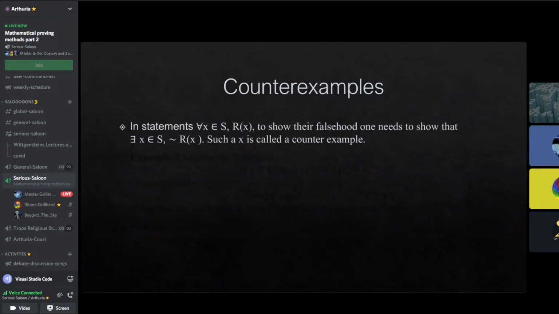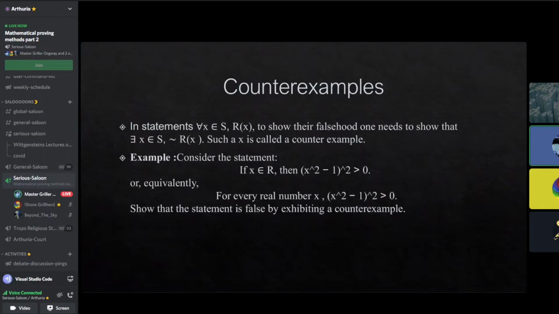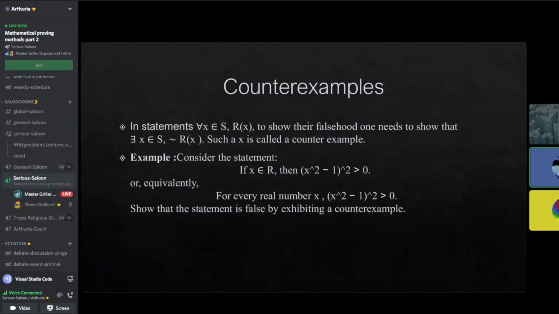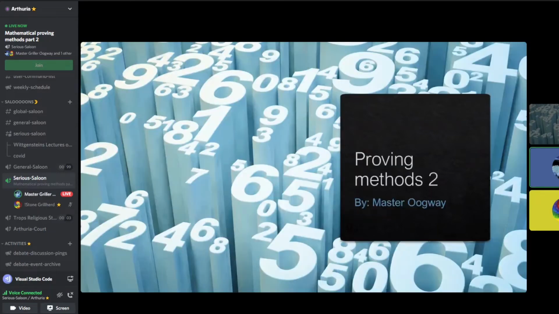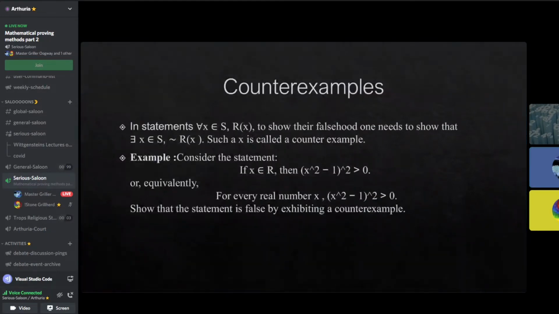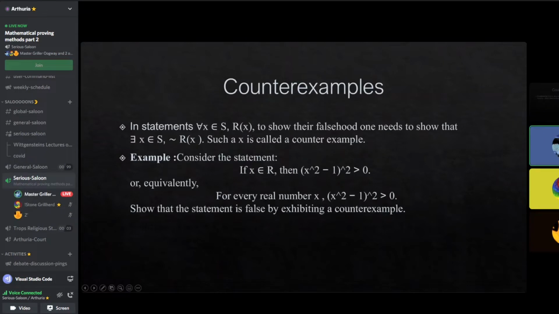So this is very intuitive. It's not hard, but for the sake of conciseness, we will go over it, right? So this is a rudimentary example. If we have a statement such that if x is an element of real numbers, then this inequality follows.